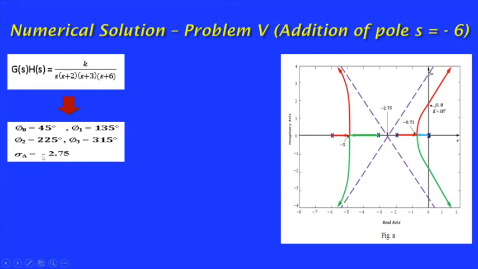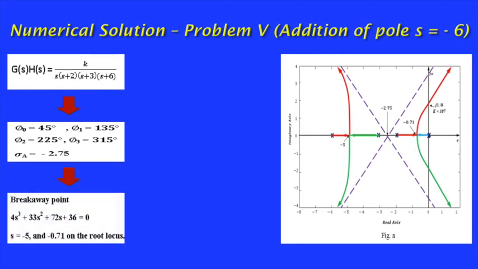Then we get minus 2.75. Then draw the centroid of asymptote and draw 4 asymptotes. This angle is 45, this angle is 135 and this is 225 and this angle is 315 degree.